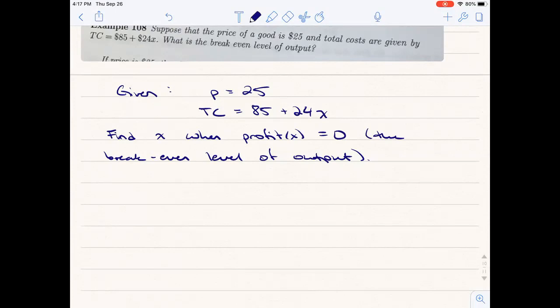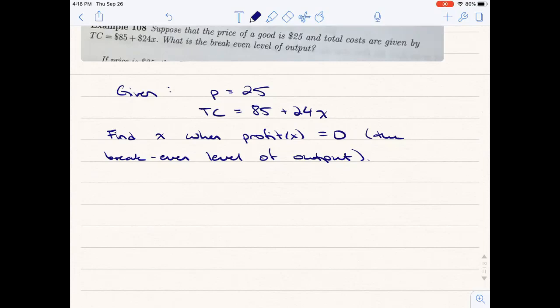Just a note about when you're writing the first test, right? There's going to be stuff like this on there. Even if you're completely drawing a blank and you don't know what your profit function is, you can still develop the general profit function, and you can show me that you know things like, what would you need to do to solve for the break-even level of output?